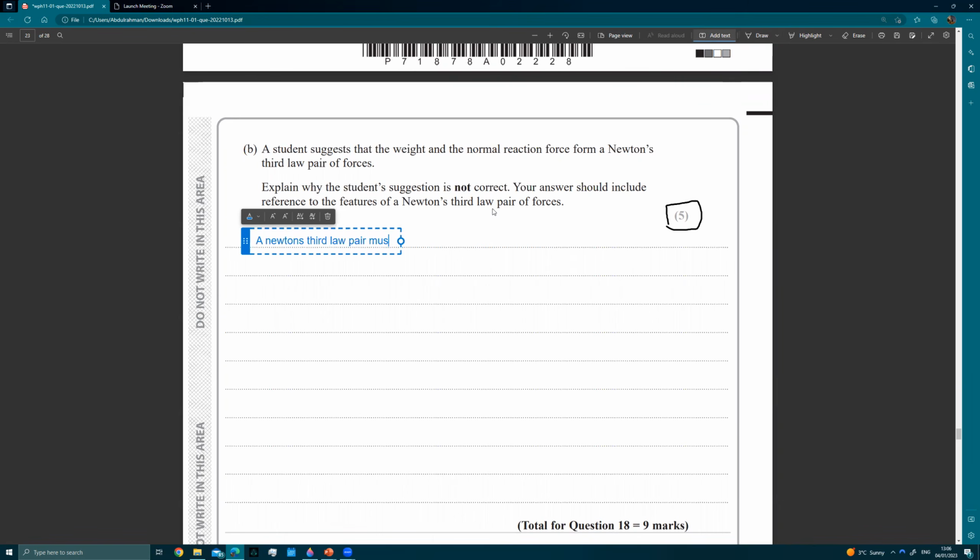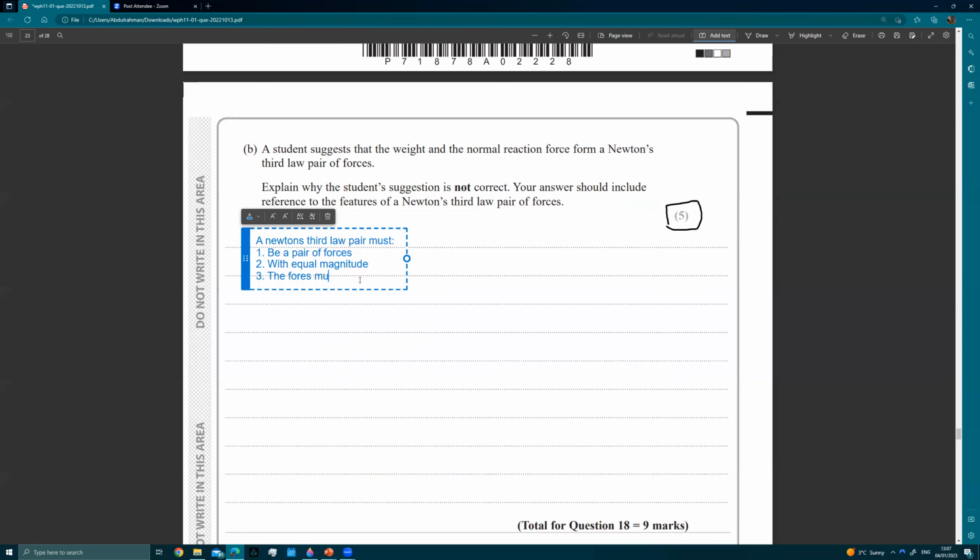It must be a pair of forces with equal magnitude. So each pair has the same magnitude.